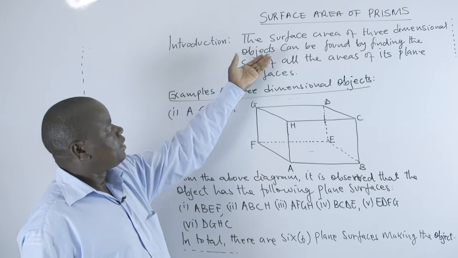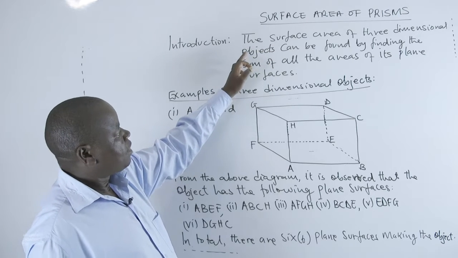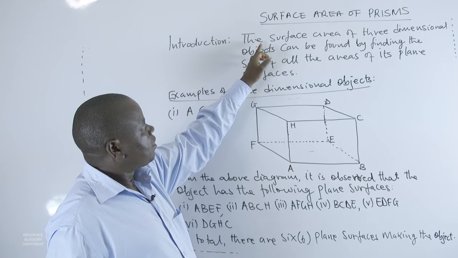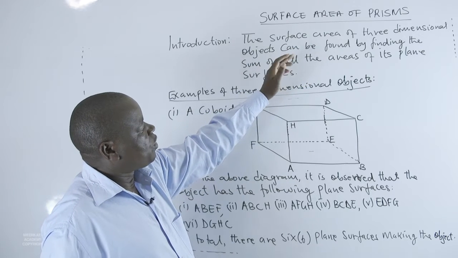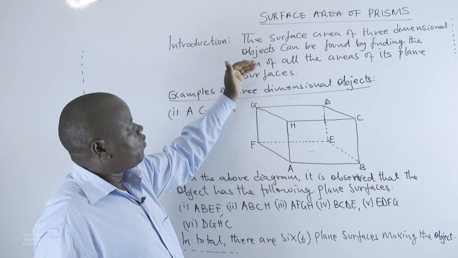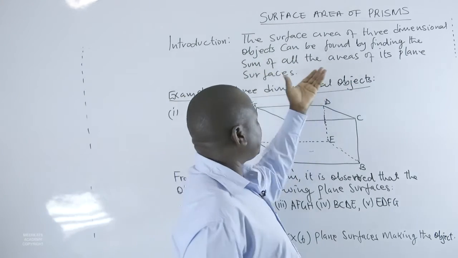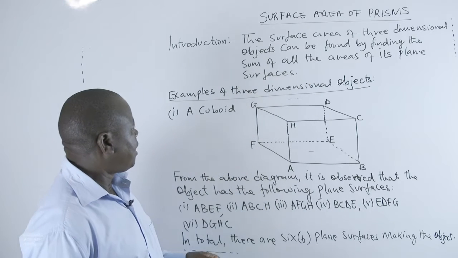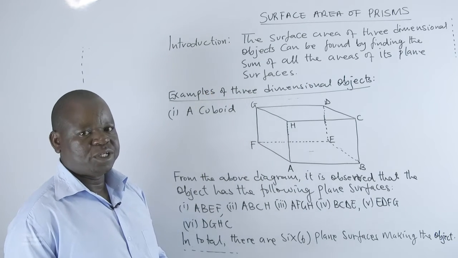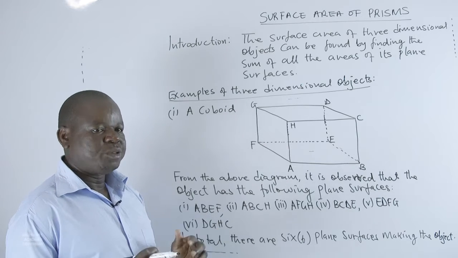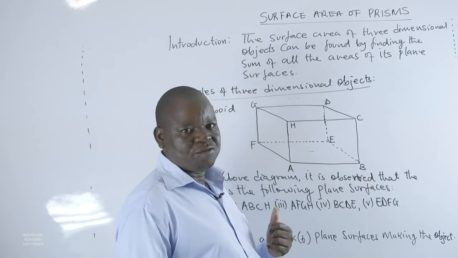Now we have said that the surface area of three-dimensional objects can be found by the sum of all the areas of its plane surfaces. And when we talk about three-dimensional objects, we mean objects that can generate volume.